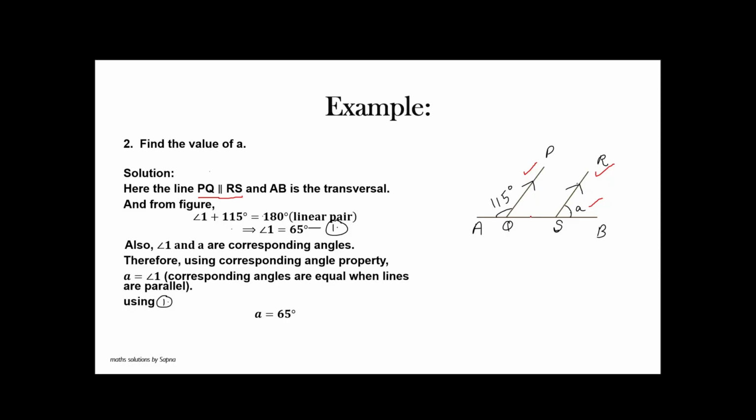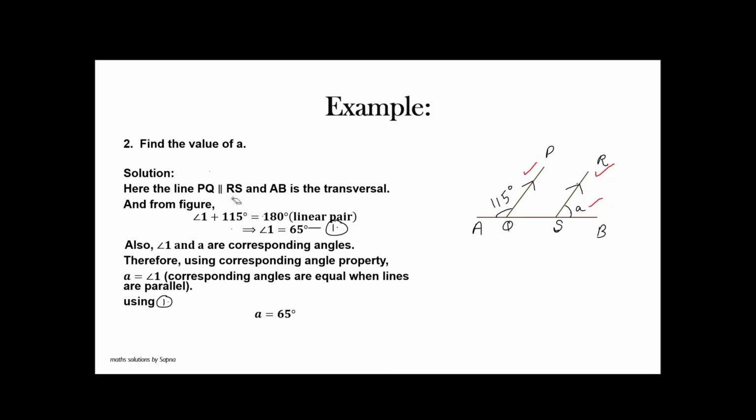Remember, I can write AB as the transversal, AQ, QS, anything, because if a line is a transversal, it remains the transversal no matter if I take a small part out of it or the complete one. So AQ is also transversal to PQ. AB is also transversal to PQ. I'm writing it in general that AB is transversal.